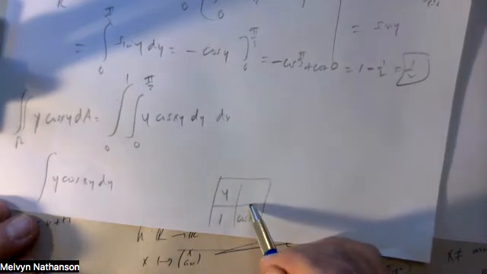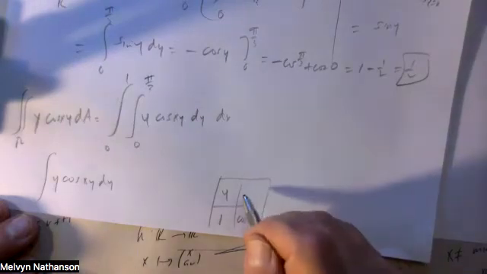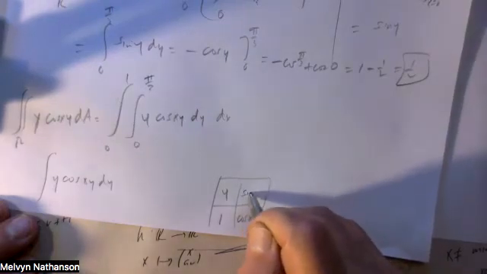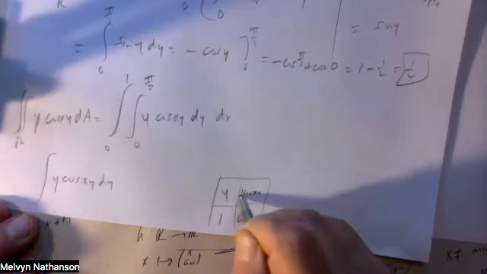The integral of cosine xy with respect to y is 1 over x sine of xy. So this is equal to y over x sine of xy.